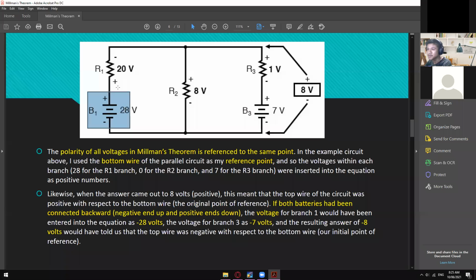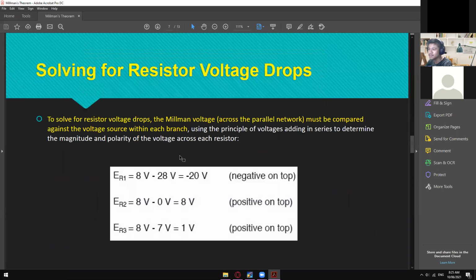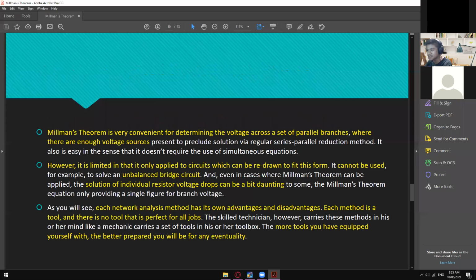Okay, so 8 minus 28. And one more thing, the reason why it's 8 minus 28 is because that's how we solve for the voltage drops. That's the reason why it was mentioned right here that the solution for individual resistor voltage drop can be a bit daunting to some. Okay, because it's really quite weird to solve the voltage drop into something like that.